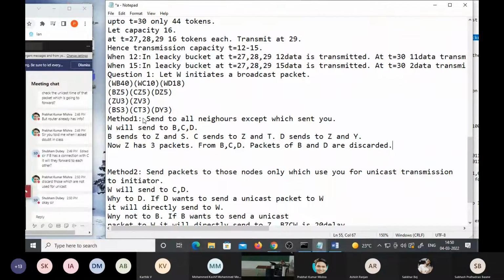Why? Send to all neighbors except the one which sent you. Except packets received from a non smallest path. Non smallest unicast path packets are discarded.